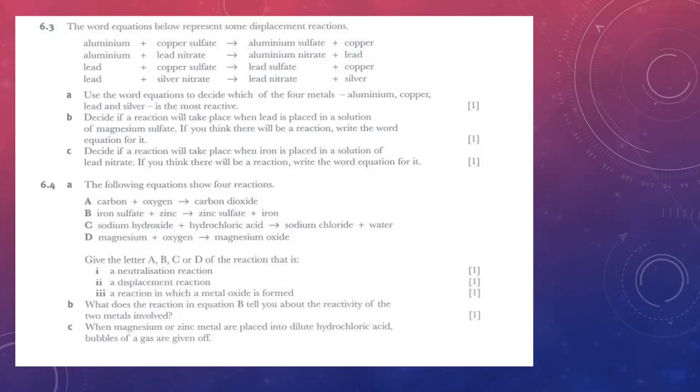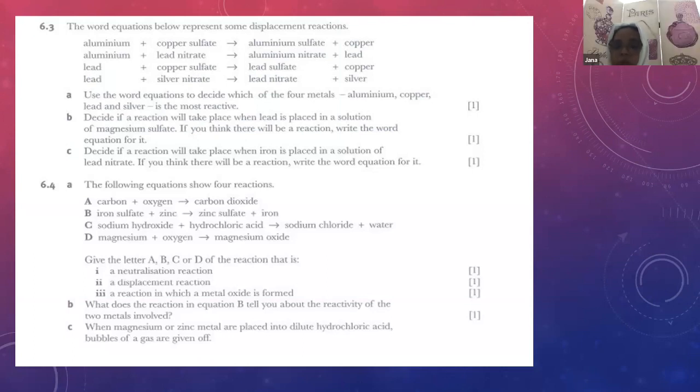C. Decide if the reaction will take place when iron is placed in a solution of lead nitrate. Yeah, miss, it will take place because iron is more reactive than lead. So I'll write the word equation. Raise your voice, please.